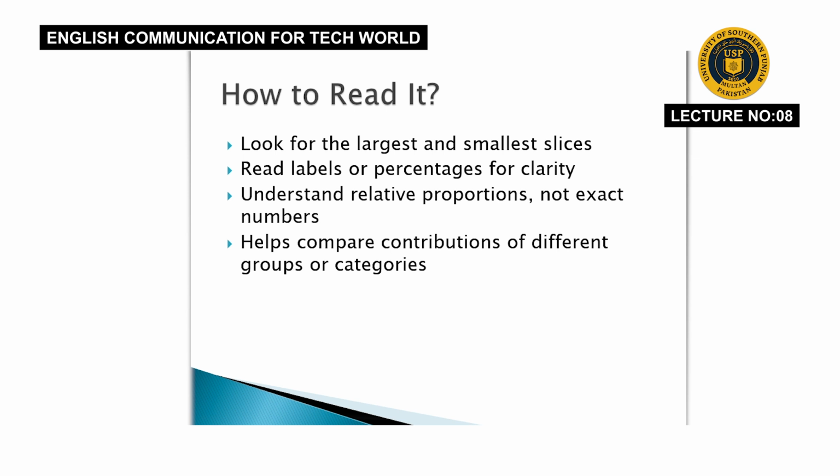These labels explain what each slice represents. Remember, pie charts show relative proportions, not precise values. They are ideal when you want to compare categories quickly, such as which department spends the most money or which company controls most of the market.